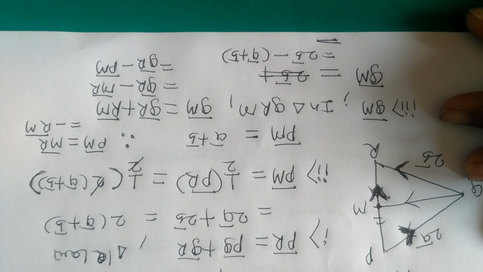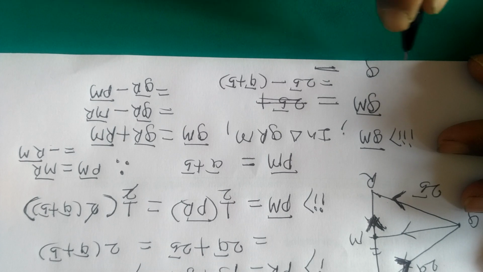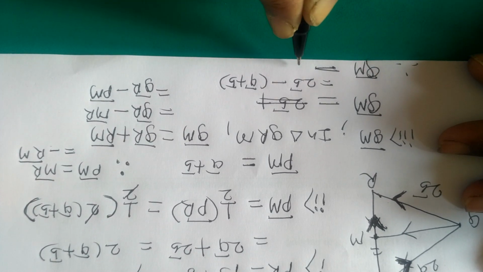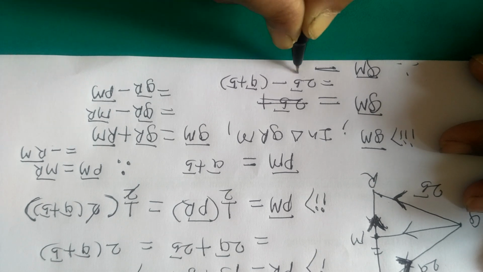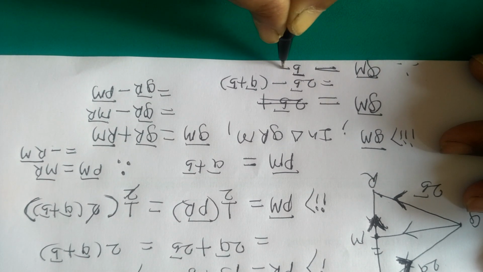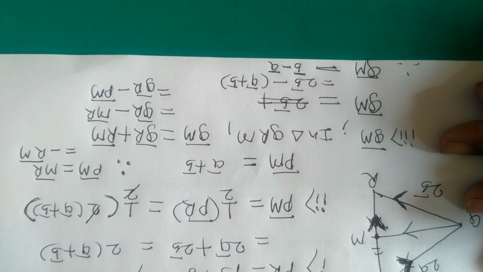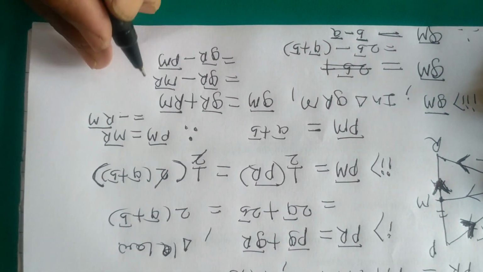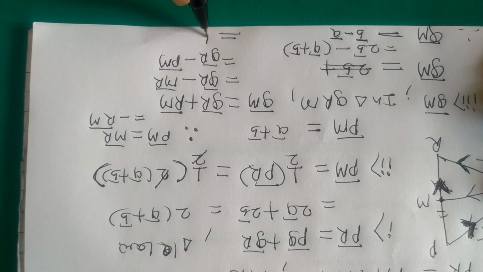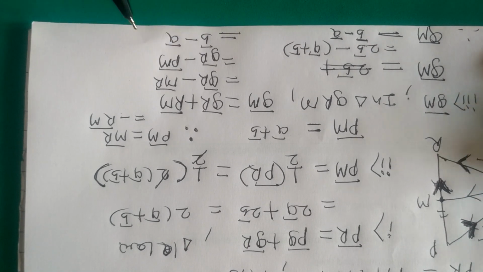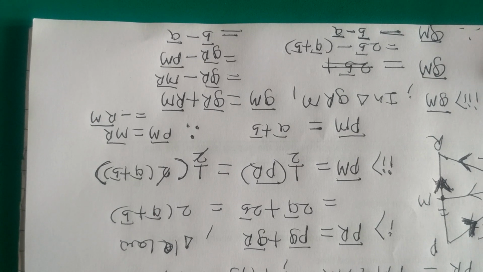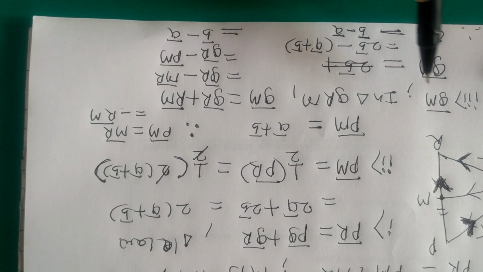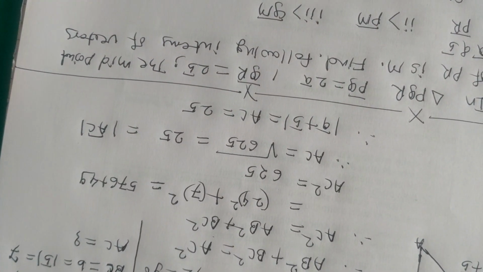So 2B bar minus B bar minus A bar gives B bar minus A bar. This is our answer for QM bar. This is the concept of direction about the triangle. Very easy question; for the third question you find QM bar very easily.